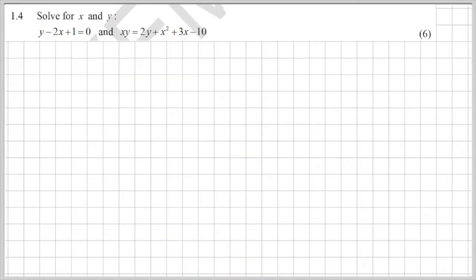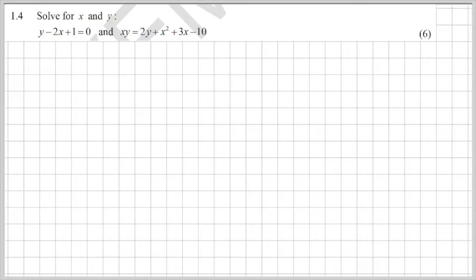Now this is solving for x and y with two very weird expressions. The one on the left-hand side is a linear expression. The one on the right-hand side, I have zero idea what kind of graph that is. But because they're saying x and y, I'm going to use simultaneous equations.